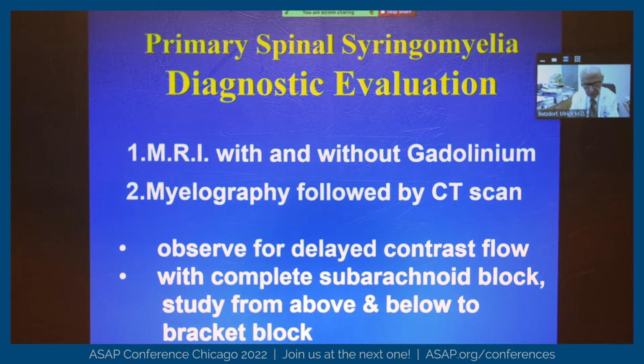We use the latter to look for delayed flow of contrast, and myelogram also allows us to look at a block and see how far it extends above and below the block so that we can deal with the entirety of the blockage.